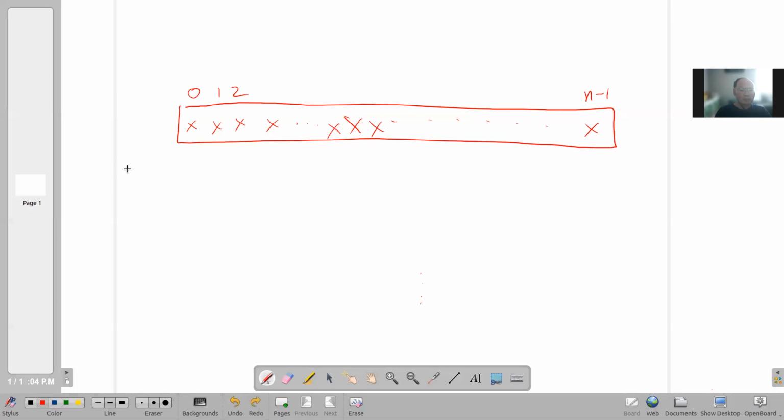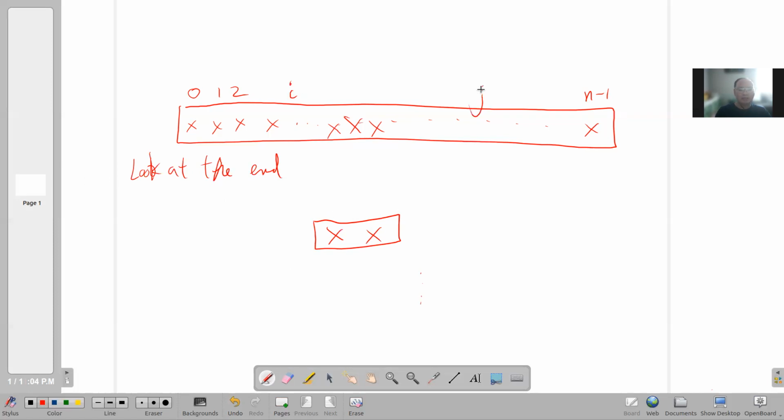But it turns out that the trick is to look at the problem backwards. So look at the end. At the end, you have two numbers left. The problem is, where are these two numbers from?